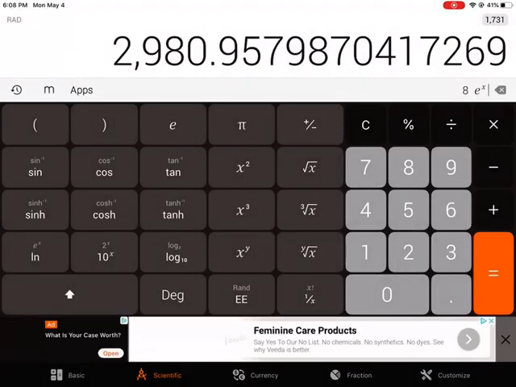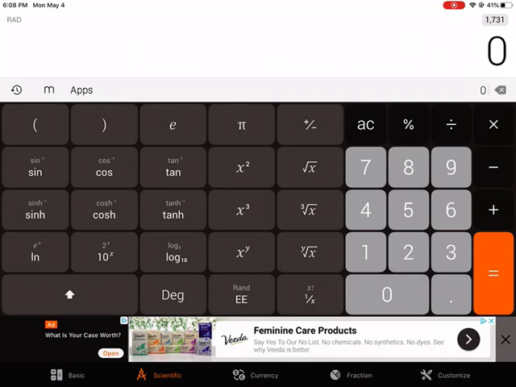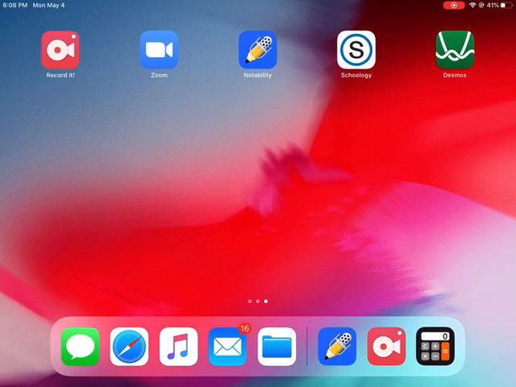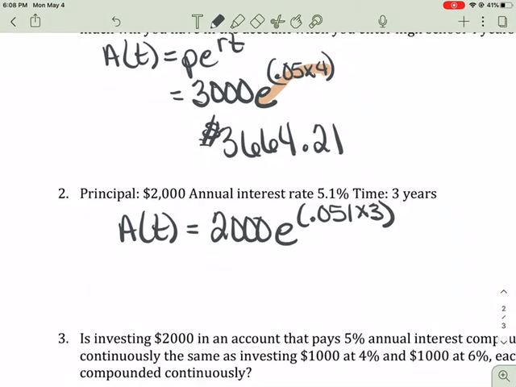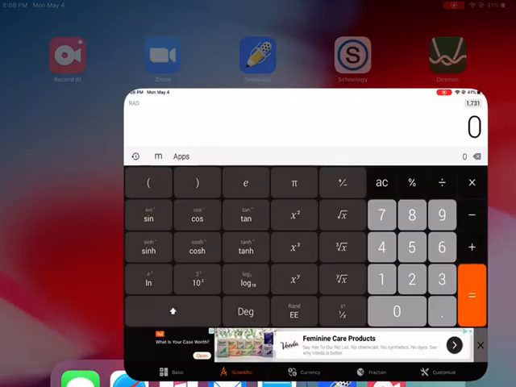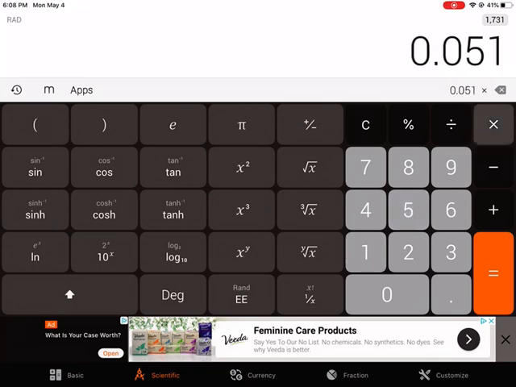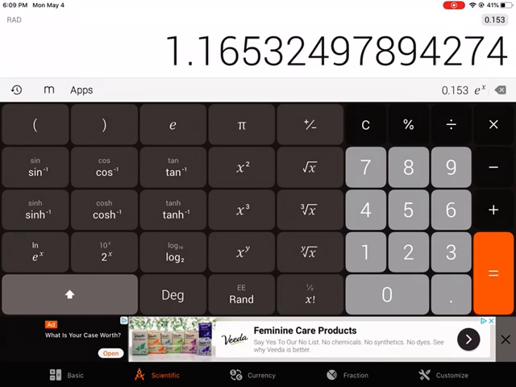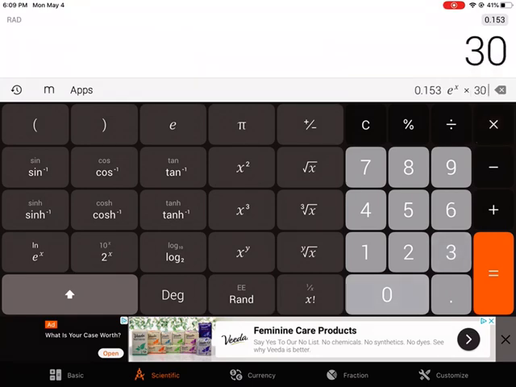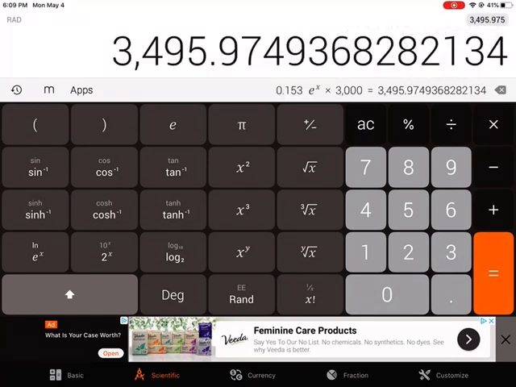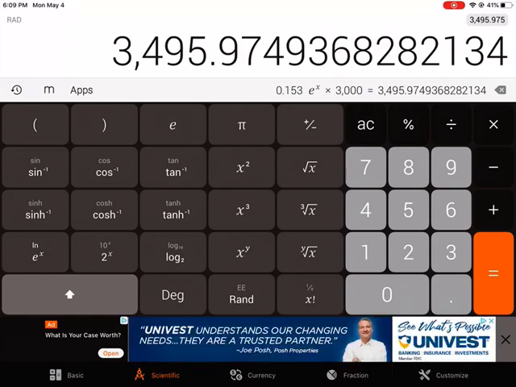I'm going to use my other calculator. So 0.051 times 3, I'm going to press equals, then e to the x, and multiply that by 3,000.